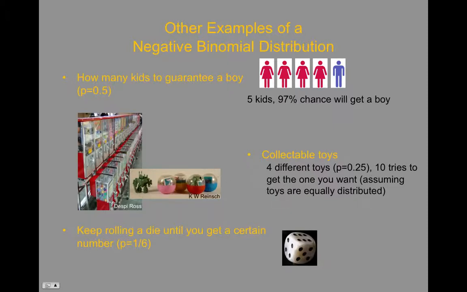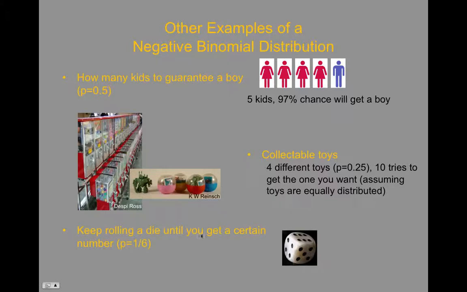Then you would have to put money in the machine 10 times for a 95% probability that you'll get the toy you want. But this is assuming that P equals 0.25, that the toys are equally distributed. Sometimes manufacturers will make one toy really rare so that you put more money in to get that last toy, and they can just get more money.